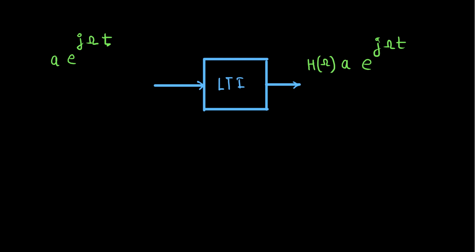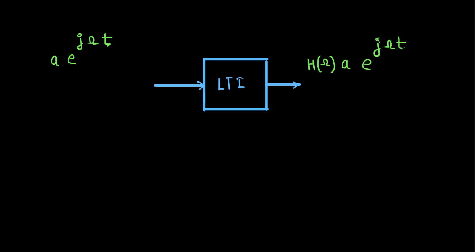Now let's analyze this. If we have given a complex exponential, we are getting the same complex exponential. Now as this system is linear, if we give multiple such exponentials as an input, we must get multiple such exponentials at the output.